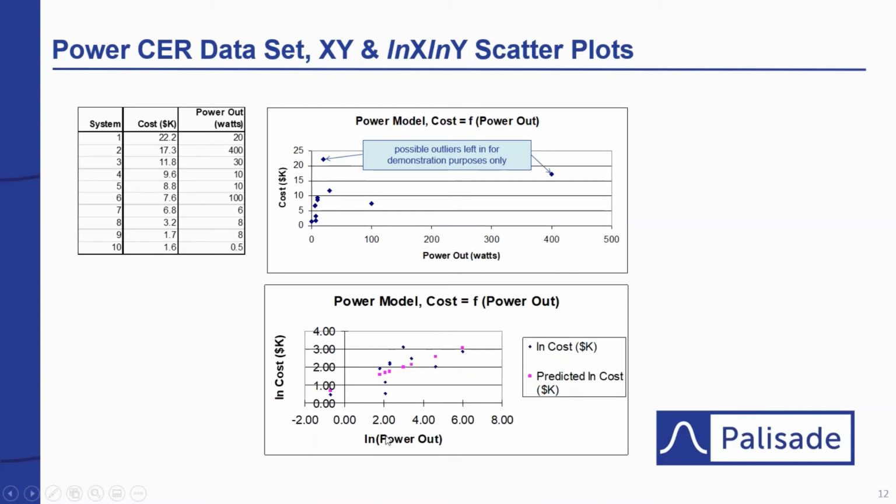But you can see the natural log of power, natural log of cost. You can see some down below zero even. There are 2 points down there. It goes along with this one here. And you can see that there is definitely a line that's been fit to those points. And it doesn't appear to be that bad, but those outliers might have had a big impact on it.